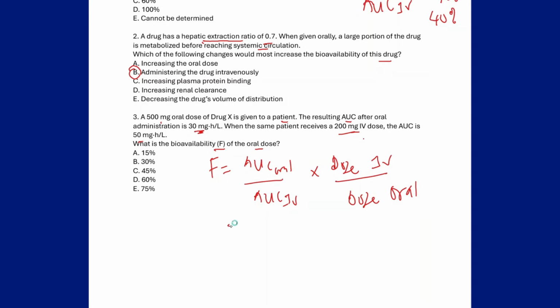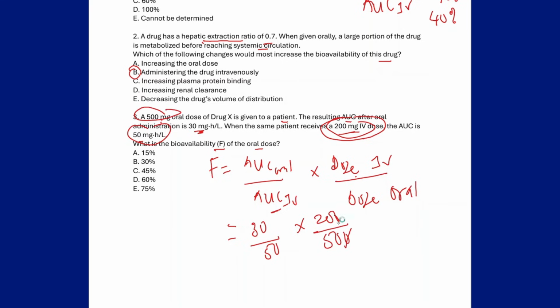So when we are plugging in our numbers, AUC for the oral is going to be 30, divided by the AUC for the IV, which is going to be 50, multiplied by the dose of IV that we give, which is 200, divided by the dose of the oral that we give, which is 500.